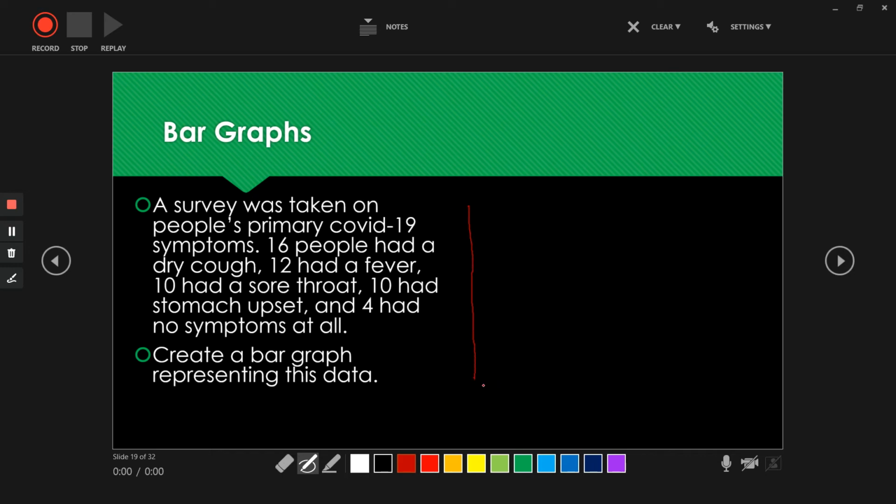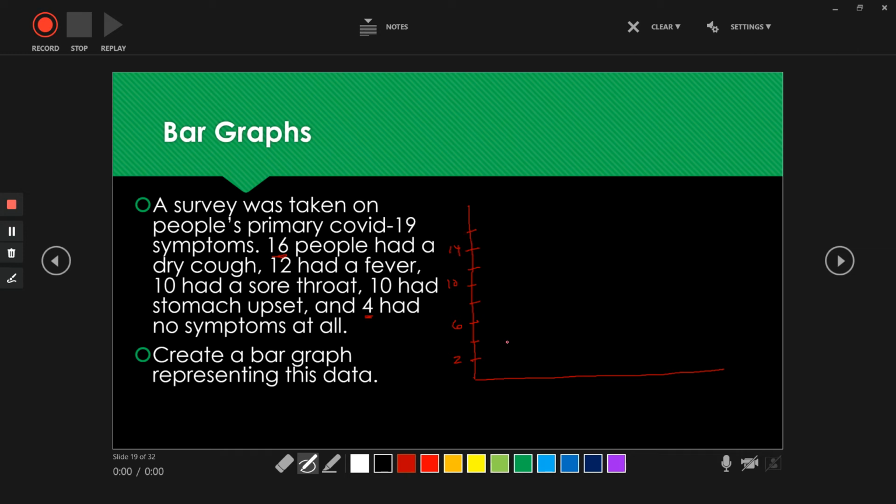So, when I create a bar graph, the first thing I do is look at the numbers I'm needing to look at. The smallest one I have is 4, and the tallest I have is 16, right? So you can decide kind of what you want to count by. I noticed that they're all even numbers, so we could count by 2s: 2, 4, 6, 8, 10, 12, 14, 16, right?